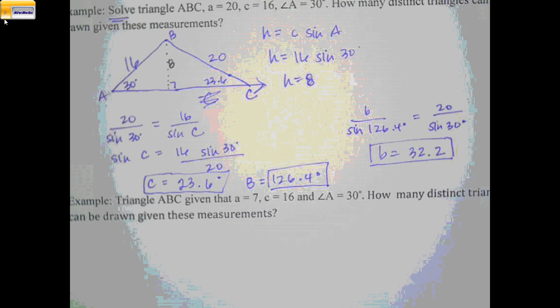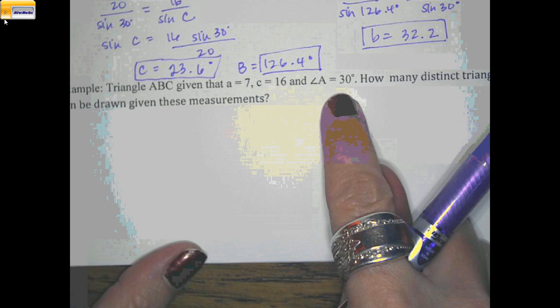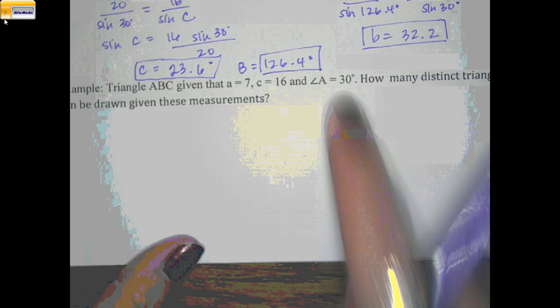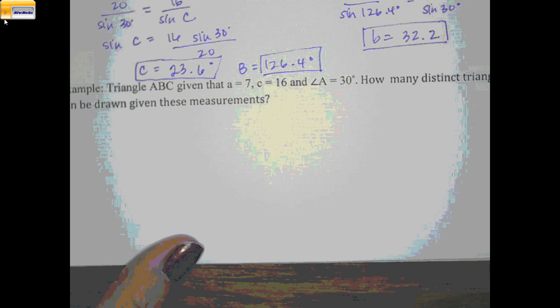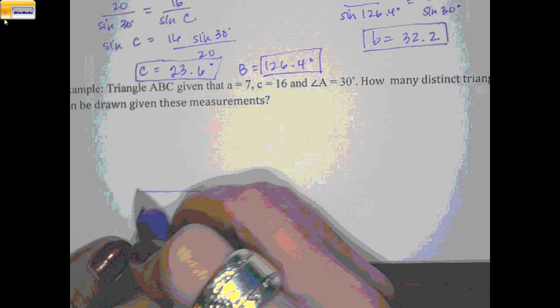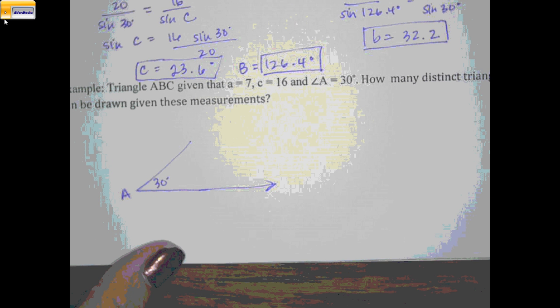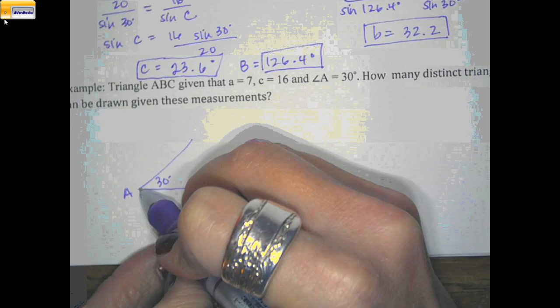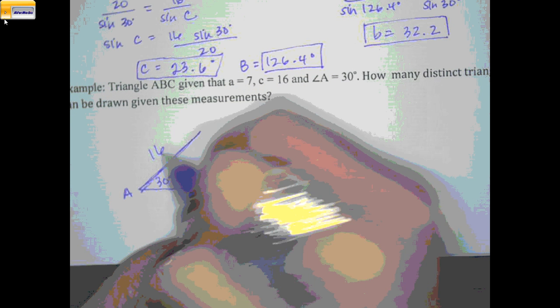Next little guy. Triangle ABC has some givens here, and the only question it says is how many distinct triangles can you draw? It doesn't say to draw them, it just says how many can you? Like how many are possible. Let's think about this. Angle A is acute again. So I'm going to tuck it back down in this corner. And it says that side C, so they're calling this C again, is 16.